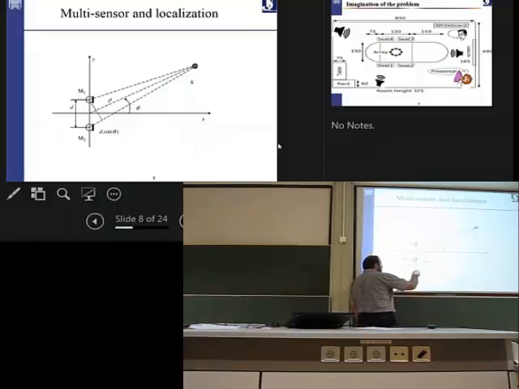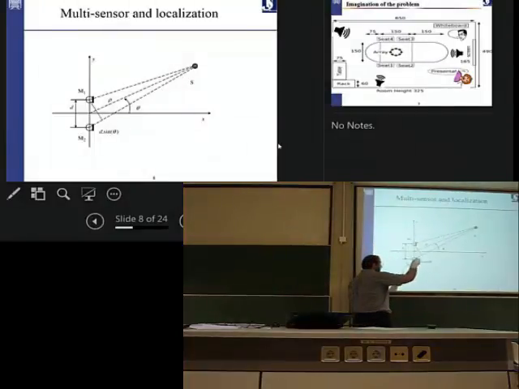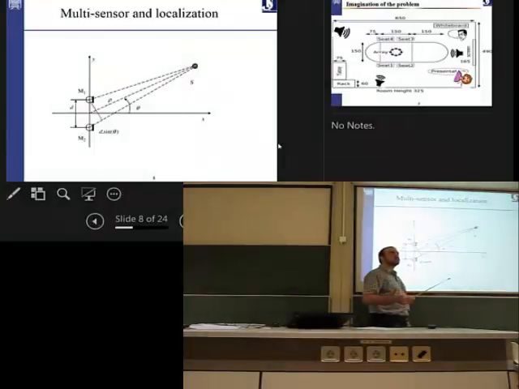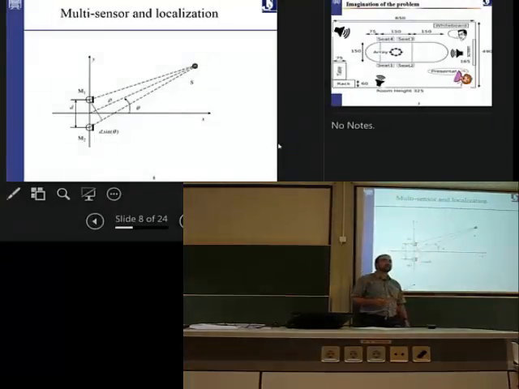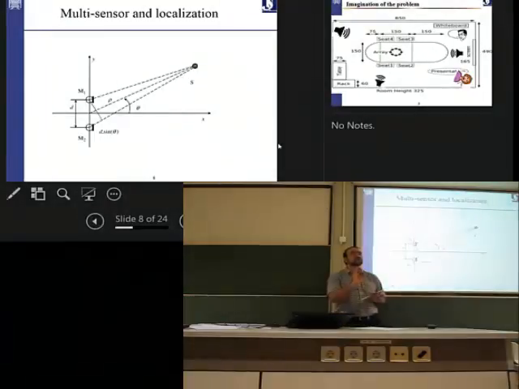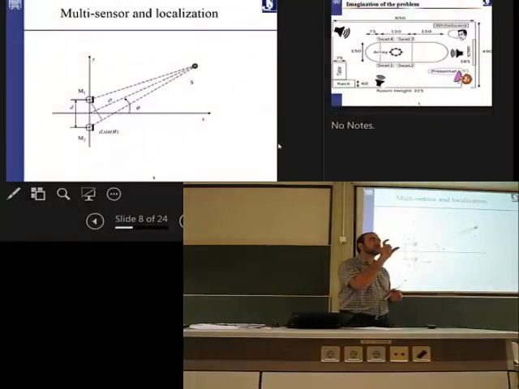But here we're talking about just two microphones. It will be possible to generalize that to any number of microphones, but the GCC function is applied to pairs. So depending on how many microphones you have, you have to calculate the GCC function for every pair of microphones.